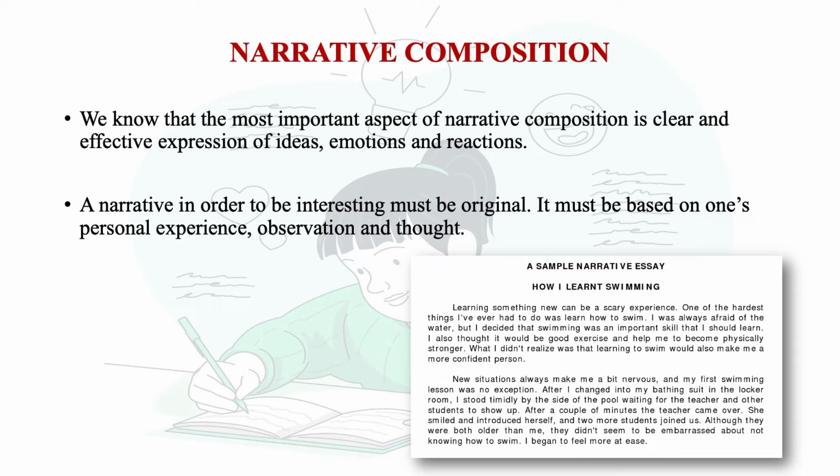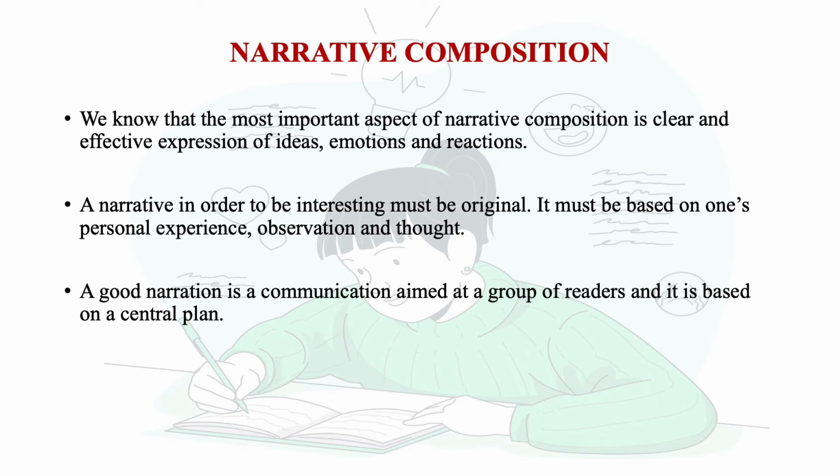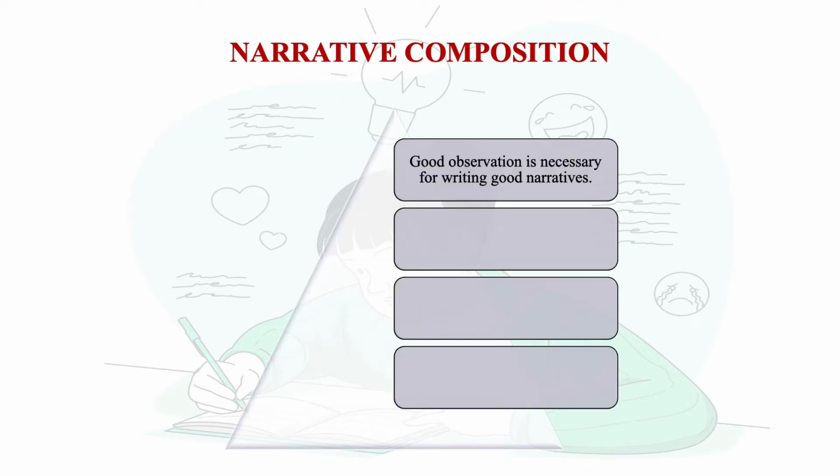It must be based on one's personal experience, observation, and thought. A good narration is a communication aimed at a group of readers, and it is based on a central plan. Good observation is necessary for writing good narratives.